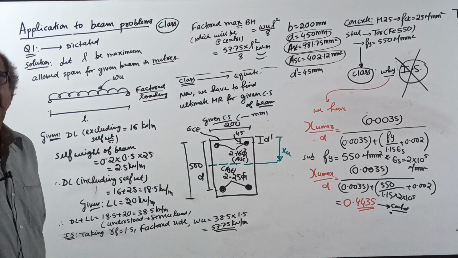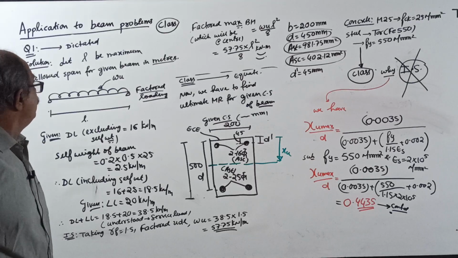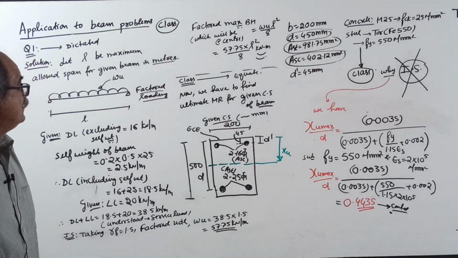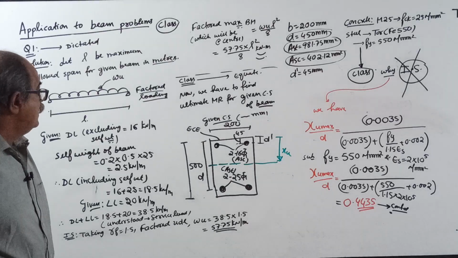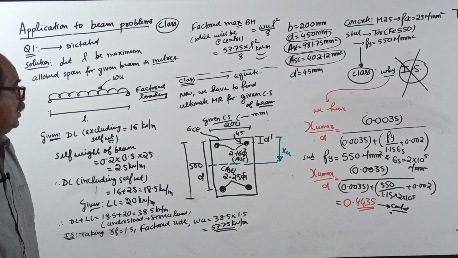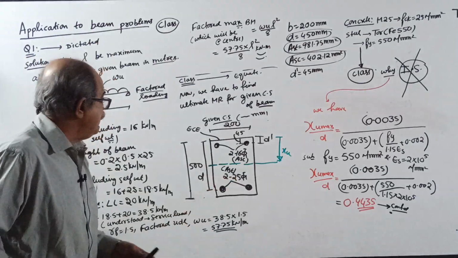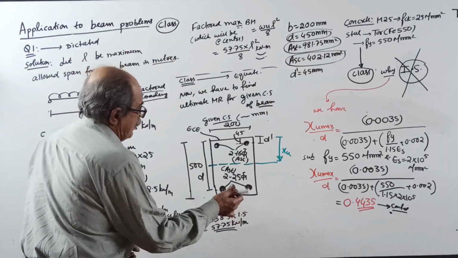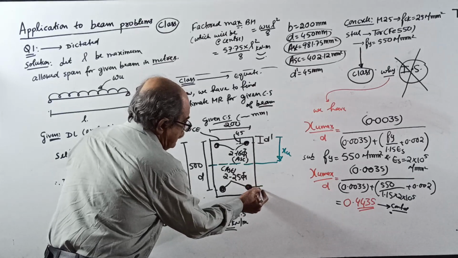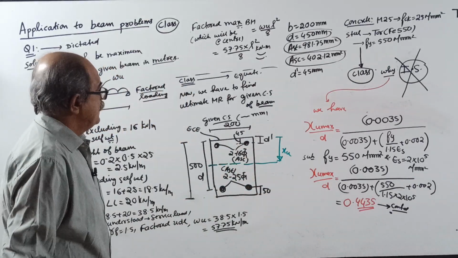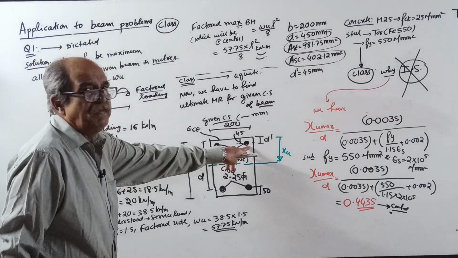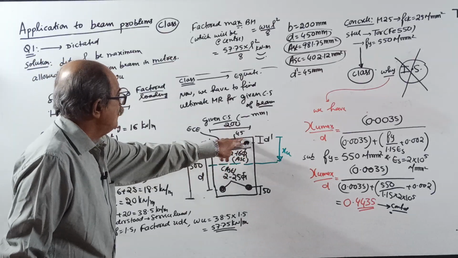20 kN per meter. Now, cross section of the beam is 200 mm by 500 mm. Tension reinforcement consists of 2 bars of 25 mm diameter at effective cover of 50 mm. And compression reinforcement consists of 2 bars of 16 mm diameter at effective cover of 45 mm.